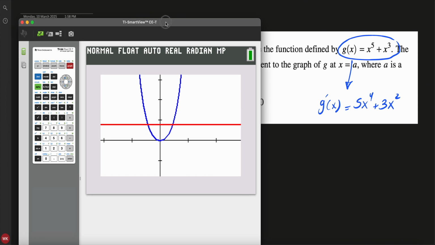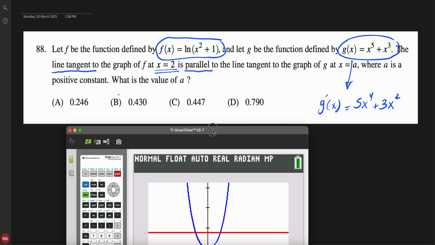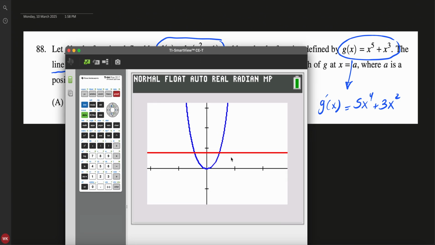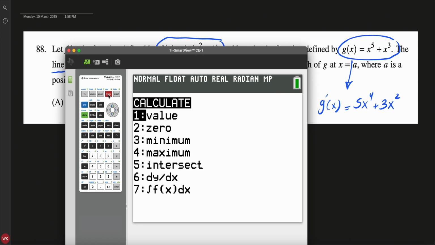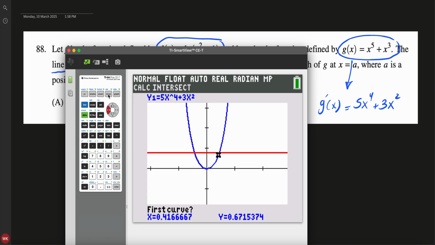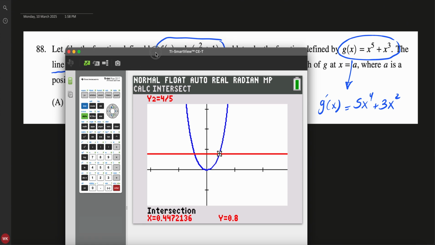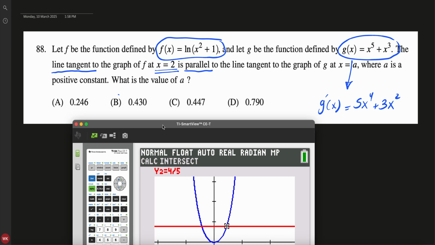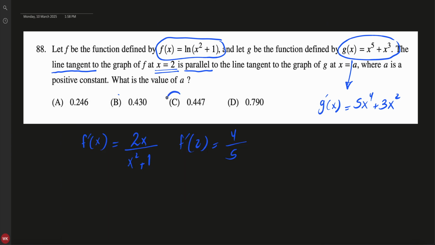But if you look at my numbers, they're all positive for the x value we're looking at. So I must find this point right here. I'm going to click on second, calculate, intersect, go a bit down, go a bit up, and I have my value 0.447, and so my answer is therefore going to be choice C.